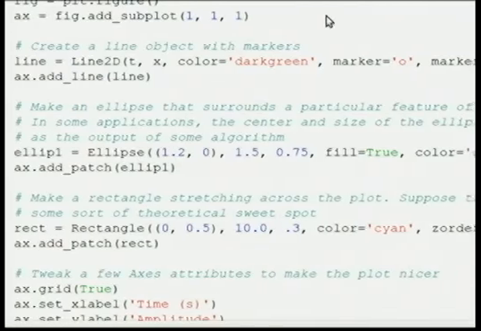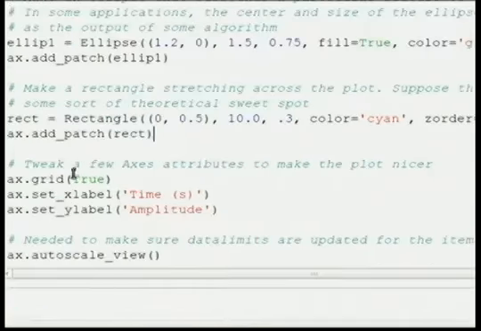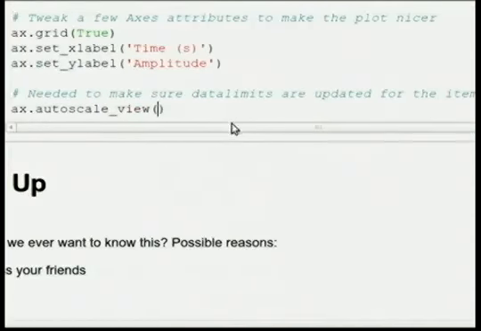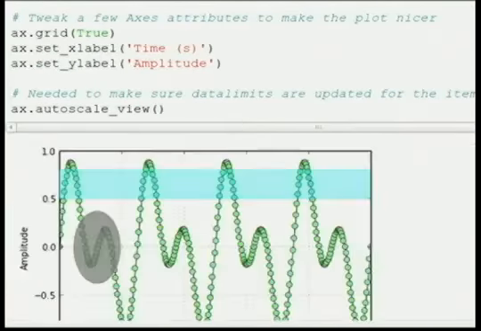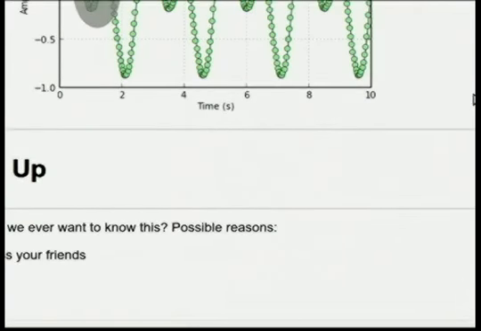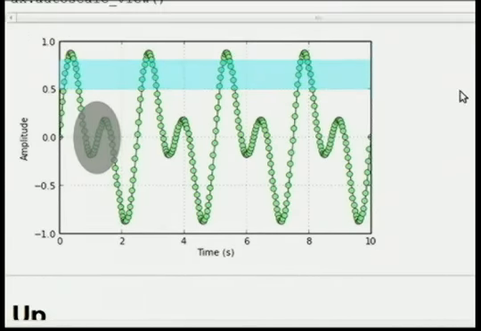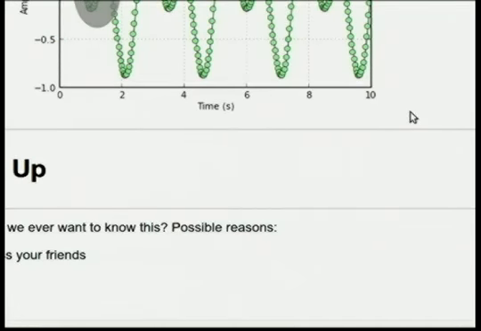Added both of those as patches. Went ahead and added a grid and some labels, and then told it to make sure to rescale the data. And this one worked. In this case, you had the rectangle stretching across the whole plot, representing some kind of sweet spot or something.